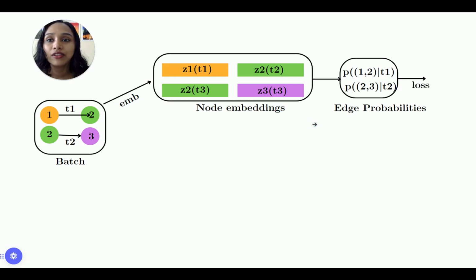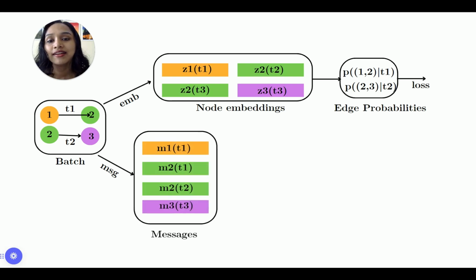Now we calculate the loss. The messages are calculated by using the message function. So we have the messages M1 of T1, M2 of T1, M2 of T2 and M3 of T2.